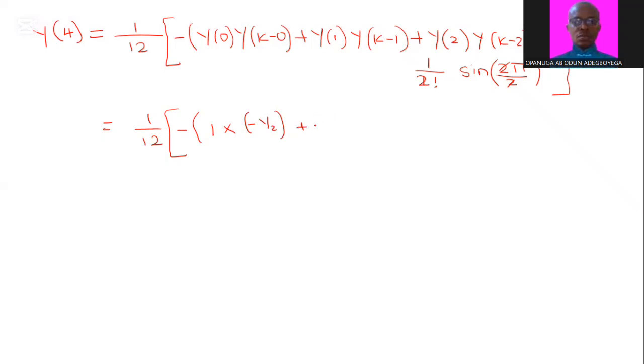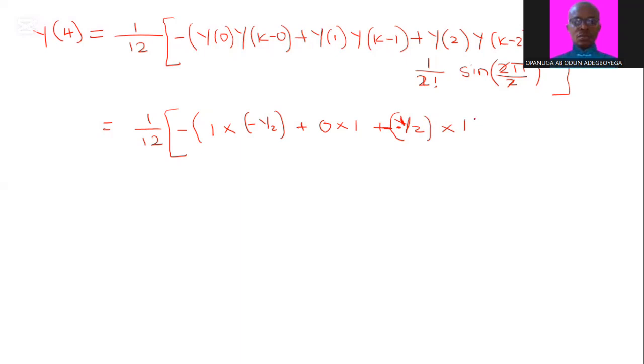So plus, then y of 1 is 0 from the initial condition, multiplying y of 2 minus 1, which is y of 1, and y of 1 from the initial condition is 1, plus y of 2, which is negative 1 over 2 times y of 2 minus 2, which is y of 0.